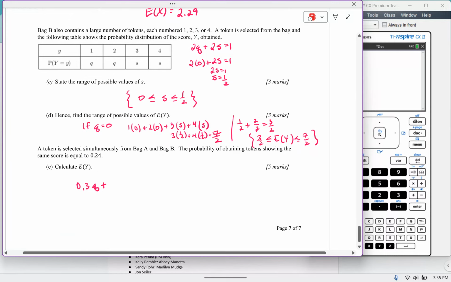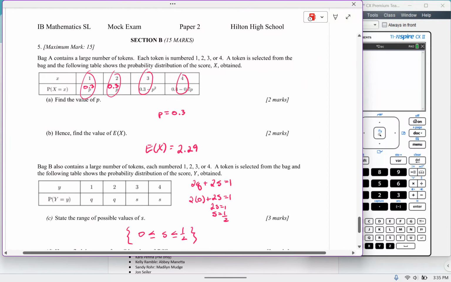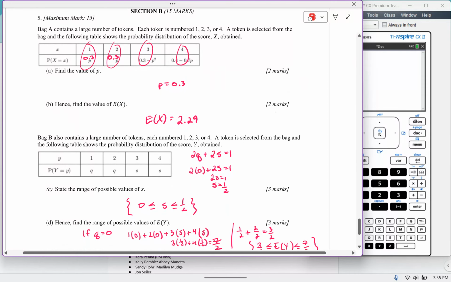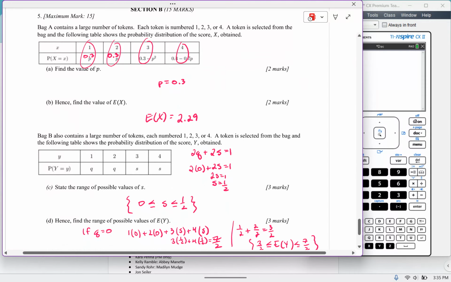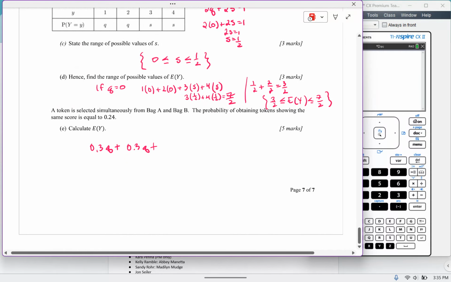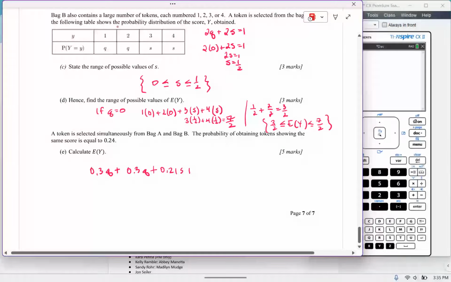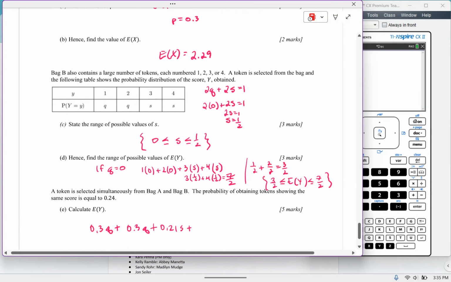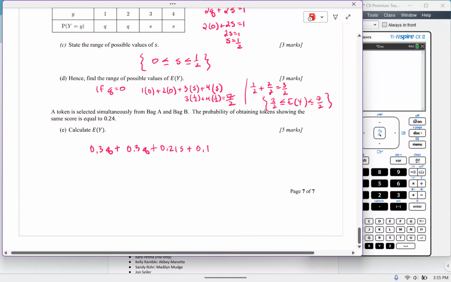Is everyone okay? And then I have 3 is going to be, oh gosh, we have to figure these out. Okay, 0.3 minus 0.3 squared, 0.21, and then 0.19. So we have 0.21 times S plus 0.19 times S, and this is all equal to 0.24.